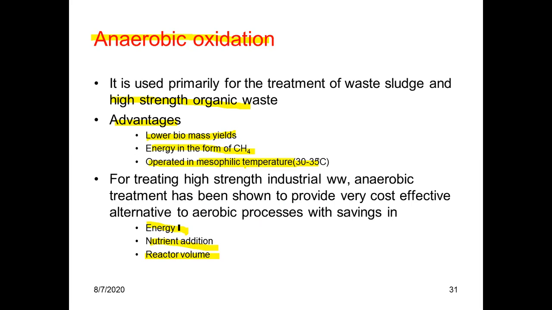But for anaerobic oxidation, the energy requirement is very low, and nutrient addition is also low because for an aerobic tank, nutrients have to be provided for the survival of microorganisms, and also the reactor volume is very high.